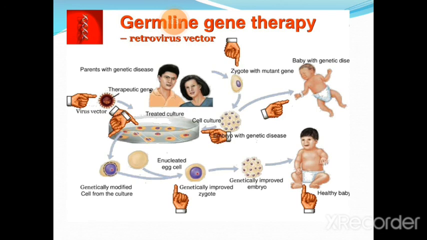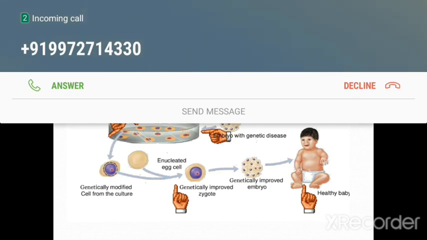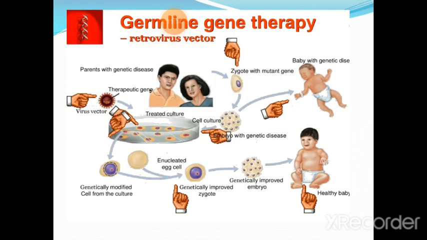And now what you have to do is take the ovum with the nucleus removed. You have to take the ovum without the nucleus, that we call an enucleated egg cell. You can club the enucleated egg cell and the genetically modified cell from the culture, and you will get a genetically improved zygote.